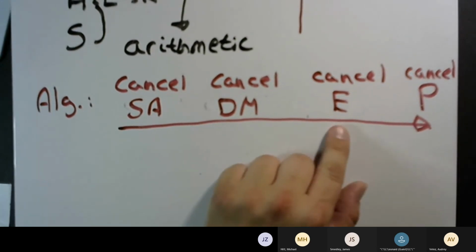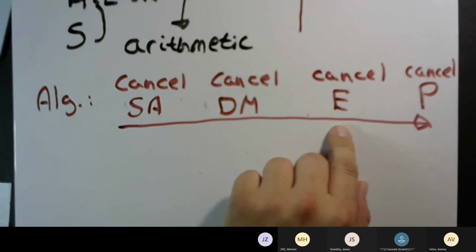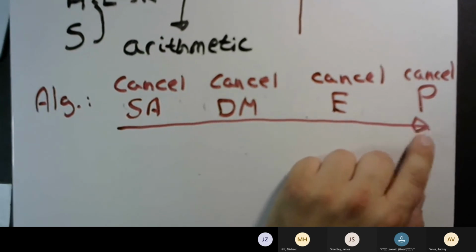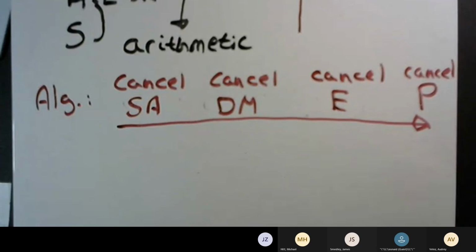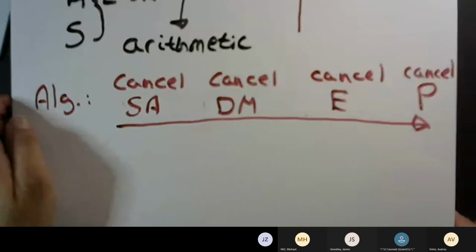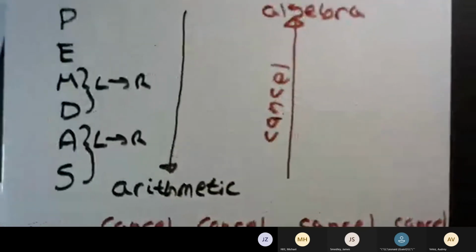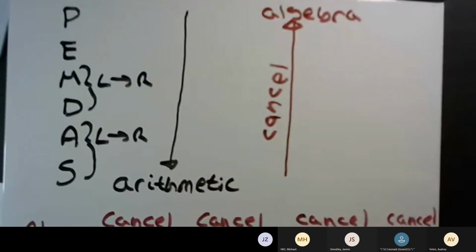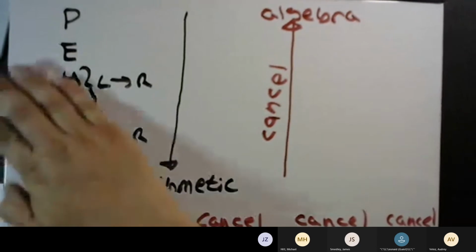Instead of computing the exponent, we cancel it. And then once we get inside the parentheses, we cancel whatever is inside the parentheses. So let me give you an example of what this looks like. Any questions about that? You can think of this as undoing a process.